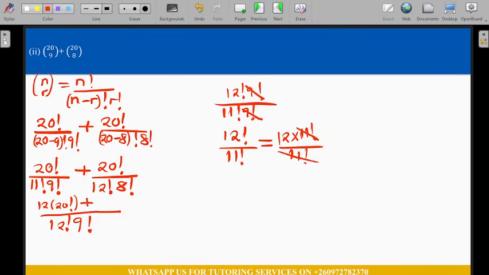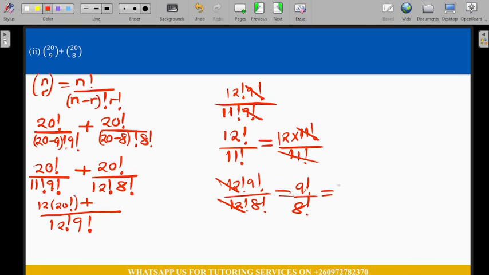Then we say plus again, 12 factorial 9 factorial over 12 factorial 8 factorial. So here 12 factorial and 12 factorial cancel. We have 9 factorial over 8 factorial.